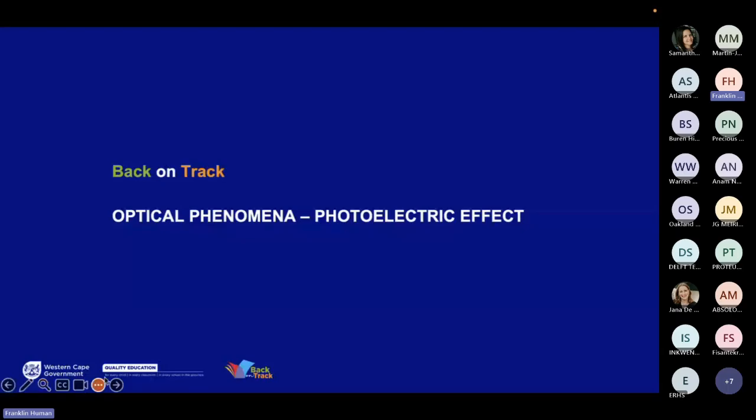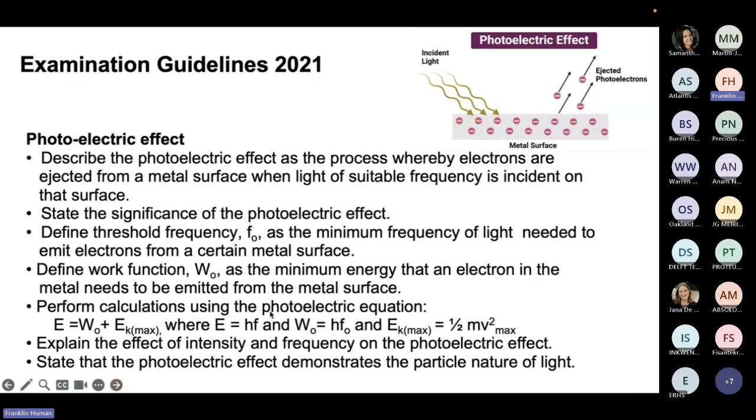Right, oops, too far. Over here, we're talking about these equations. We haven't done work function discussions yet, but this is your equation for the kinetic energy of the electron, which is half mv squared.